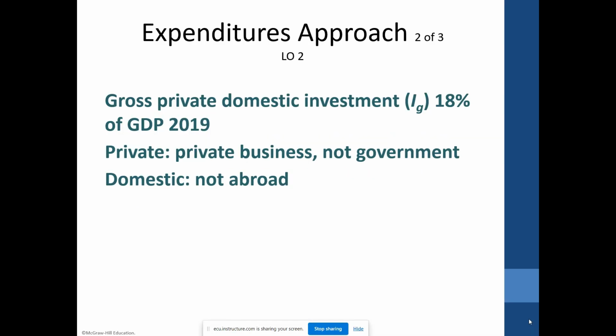The second component of the expenditures approach is gross private investment, which is noted as I subscript G. In 2019, it accounted for 19% of GDP. Private means private businesses, not government investment, and it must be domestic investment as opposed to overseas investment.